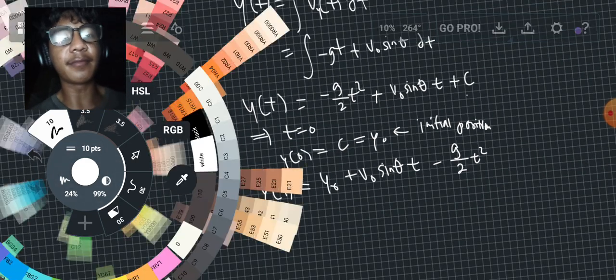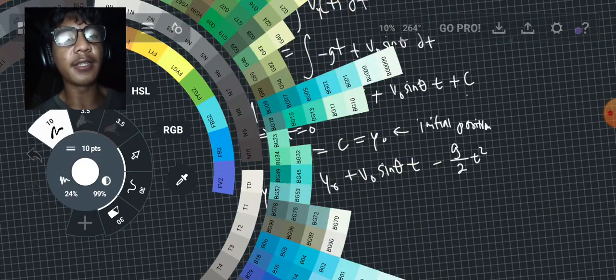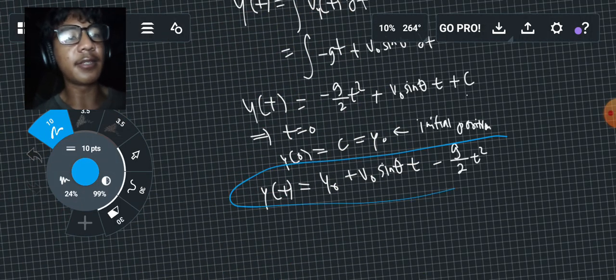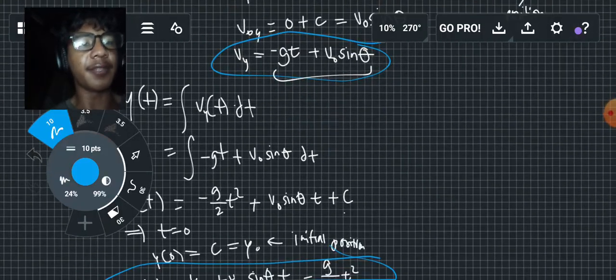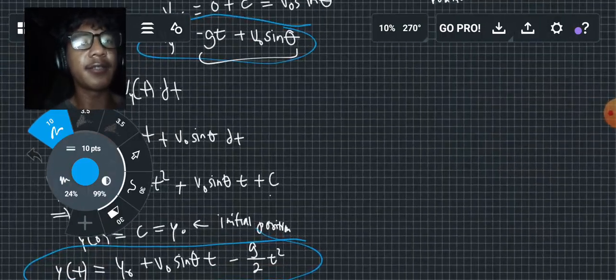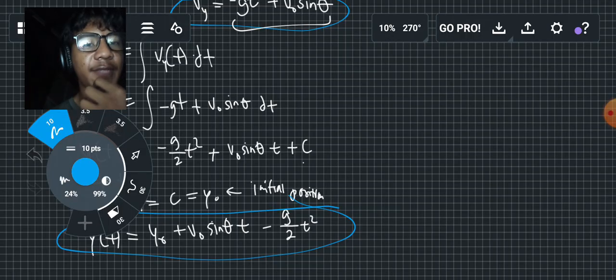And this is our position function for the y direction. So yeah, that's very important.